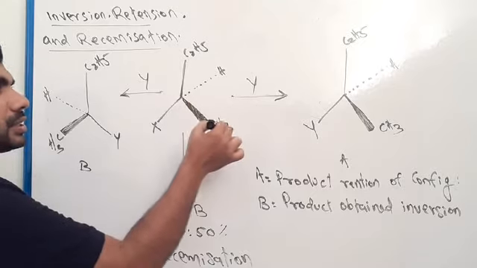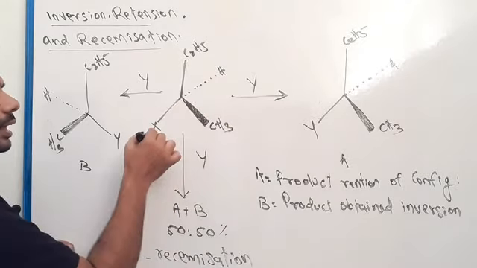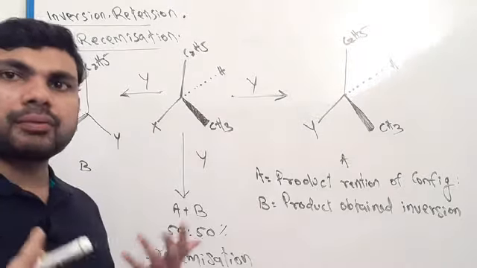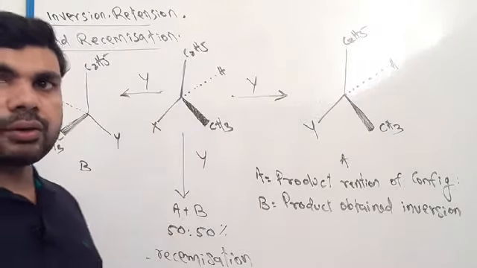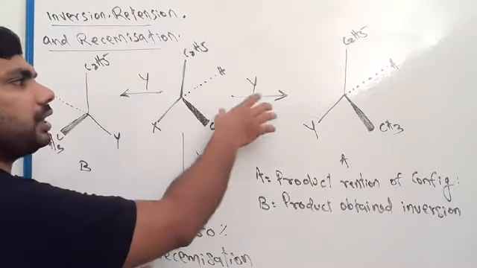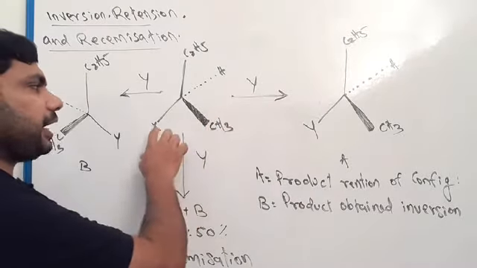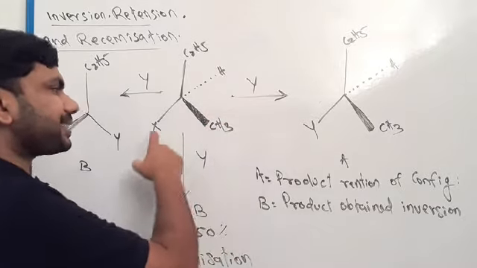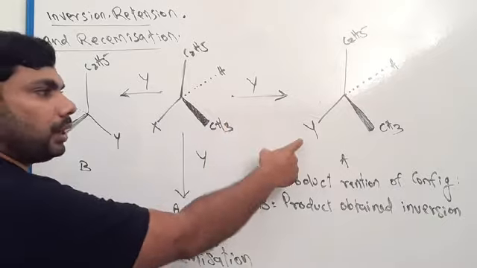Here hydrogen, CH3, C2H5, and here X means one of the groups, maybe a nucleophile or halogen or anything. Here this is a substitution reaction. X is substituted by Y during this chemical reaction.